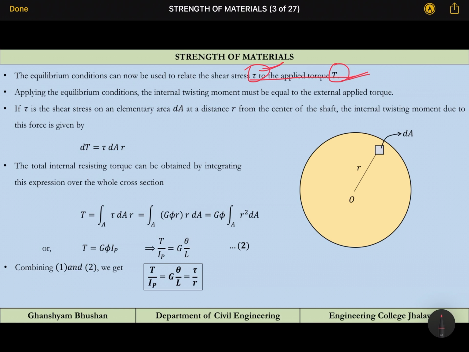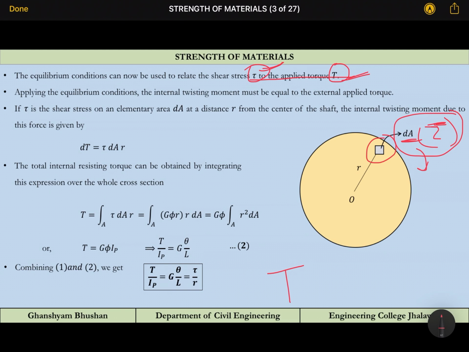This is the equilibrium. So applying the equilibrium condition, if this is your dA, any small element having an area of dA, and if the developed stress is tau, then the force will be tau into dA, and the resulting torque will be resisted by this force.